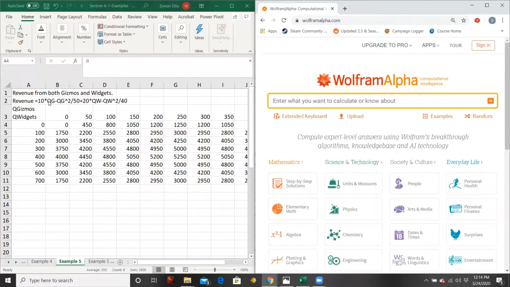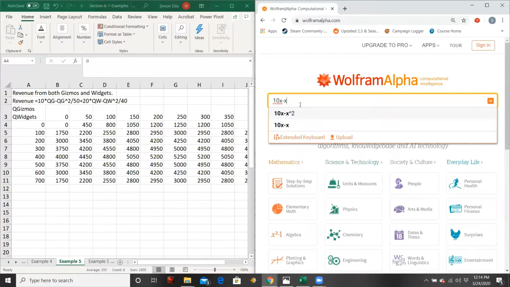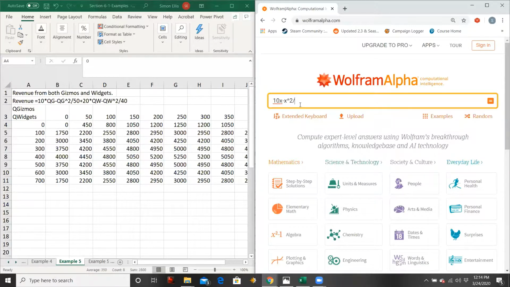Notice we have 10x minus x squared divided by 50. So let's put 10x minus x squared over 50 plus 20y minus y squared divided by 40.